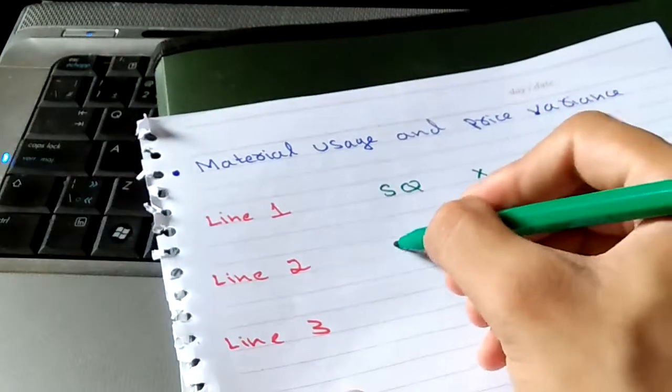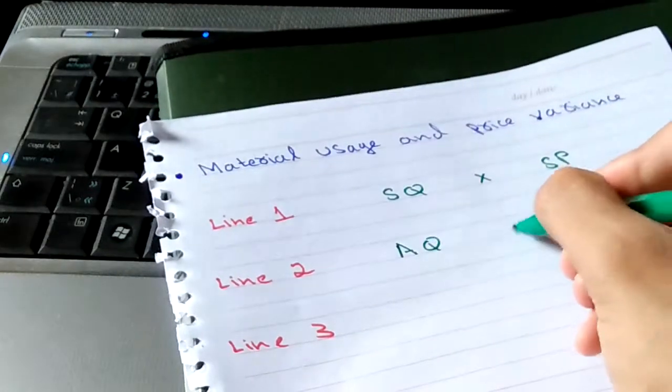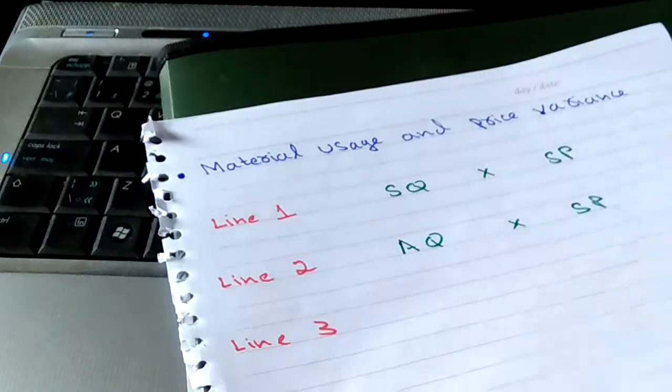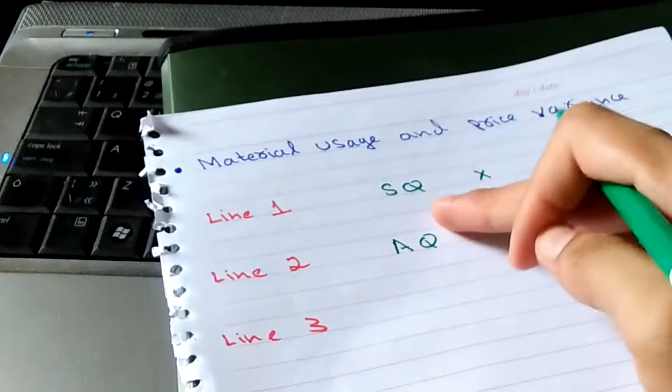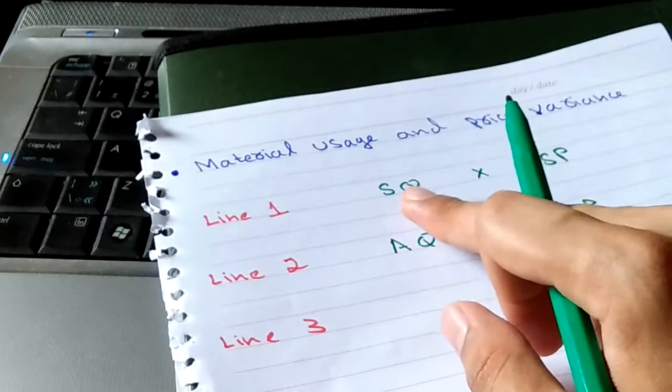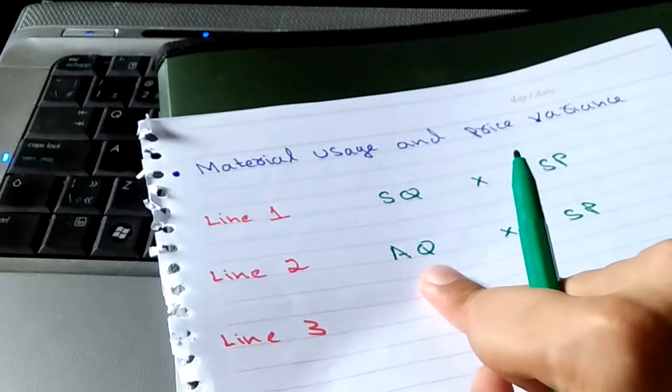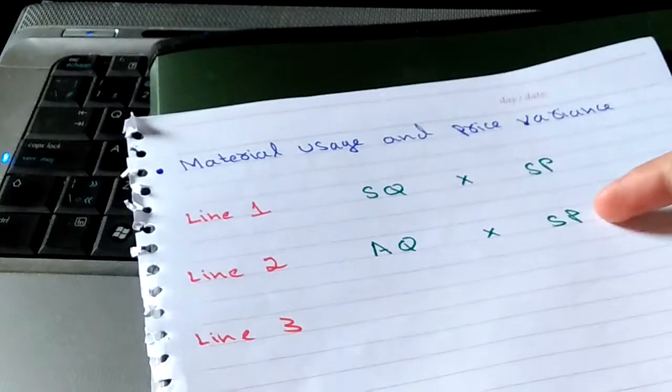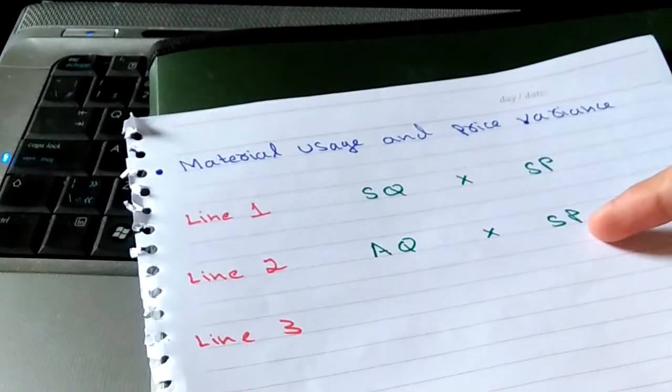In line 2 we have actual quantity into standard price. Quantity is changing from line 1 to line 2. In line 1 we have standard quantity, in line 2 actual quantity, while in both lines the price is standard.